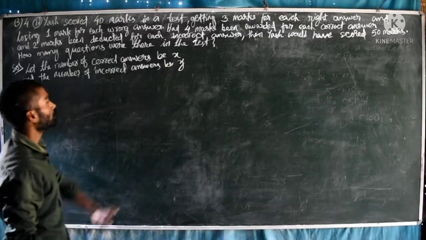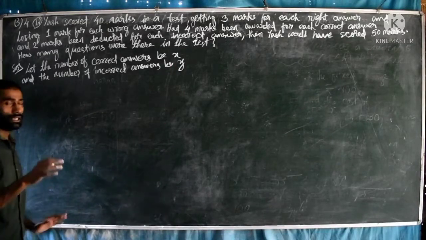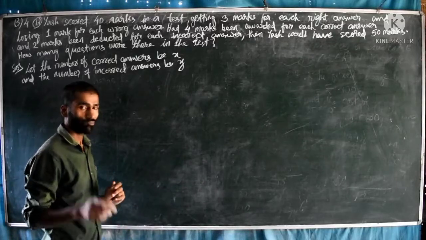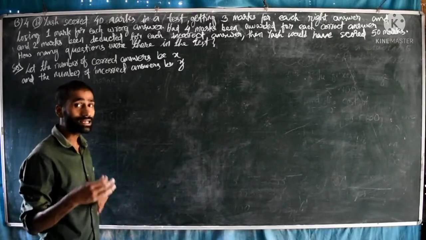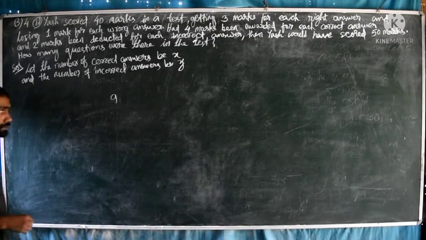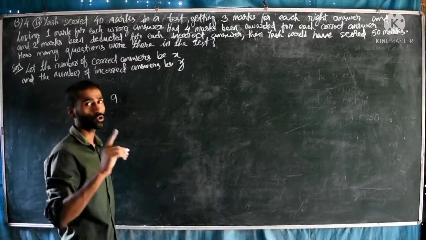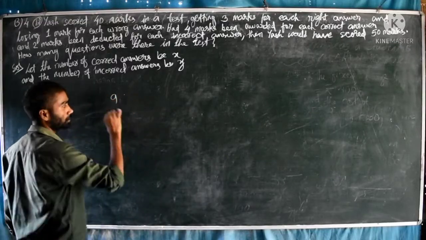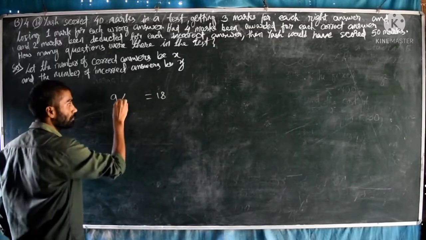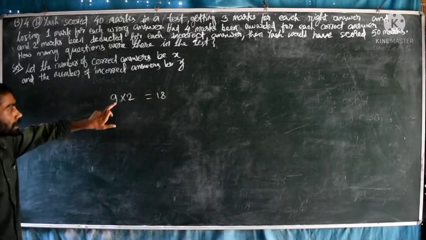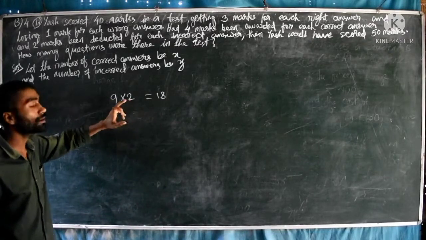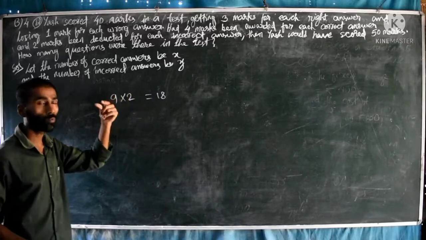Now if I say that in a test you scored 2 marks for 1 right answer, and you made 9 correct answers. Suppose 9 answers are correct and for 1 question it is 2 marks. Then what will be the total? It will be 18. But how? We multiply the number of correct answers by the marks for that question.